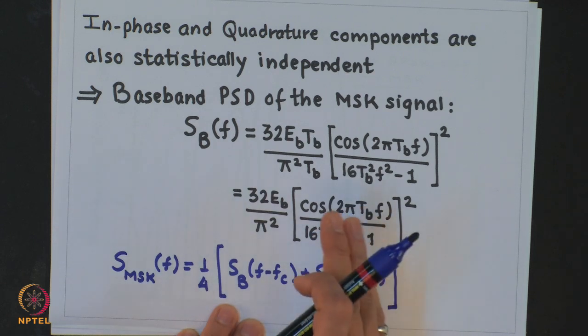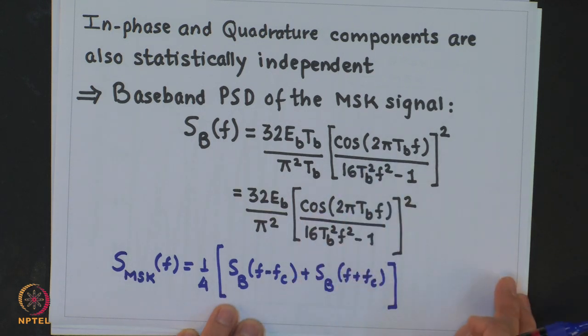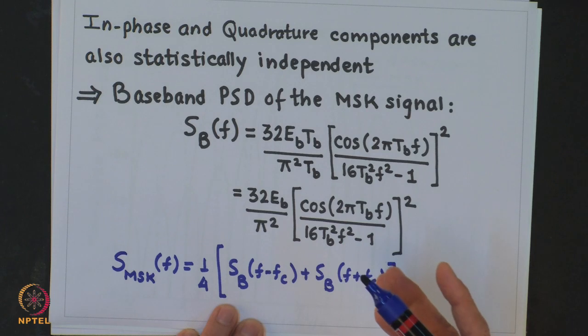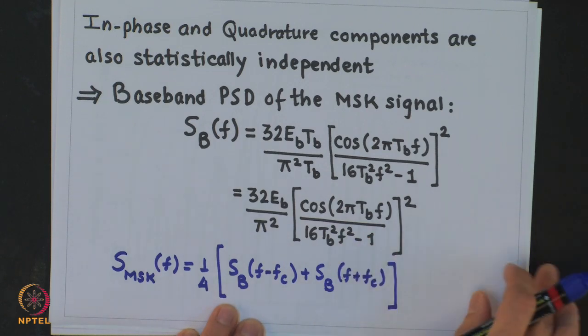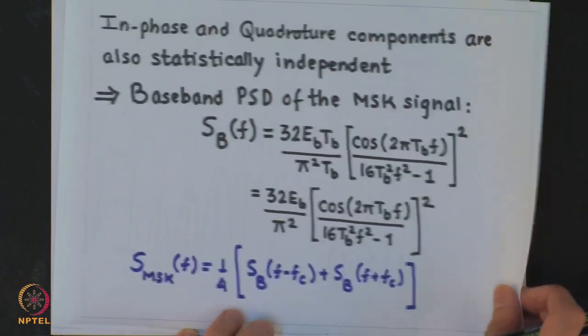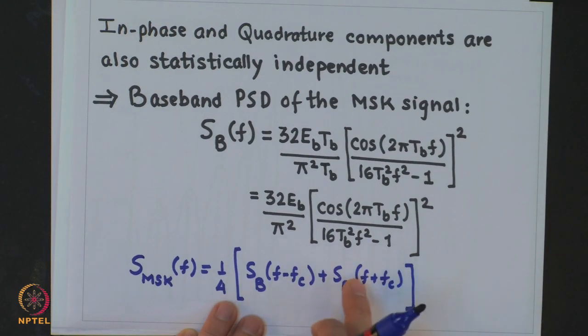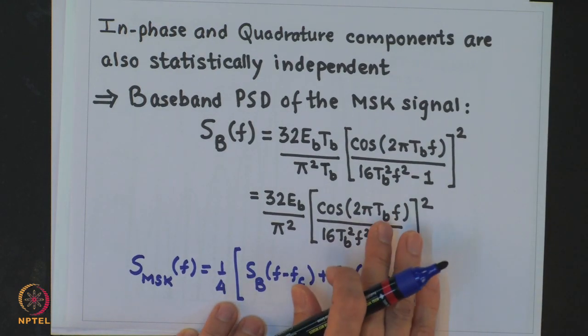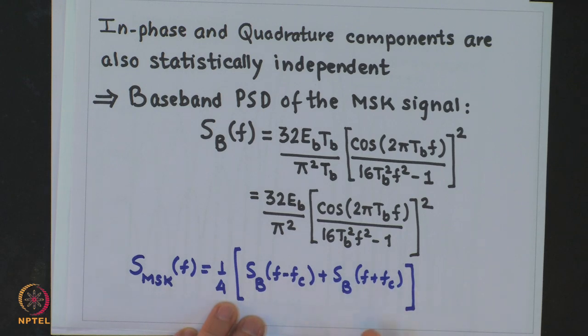So, that is a difference between MSK and the BPSK, QPSK and its variant power spectral density. This decay reflects the fact that there is no discontinuity in the transmitted signal.